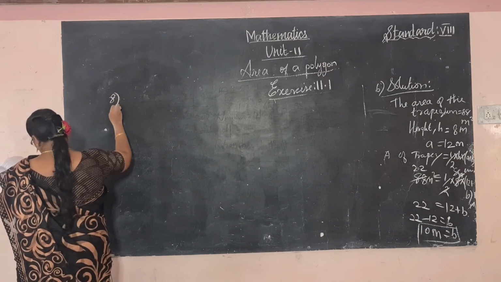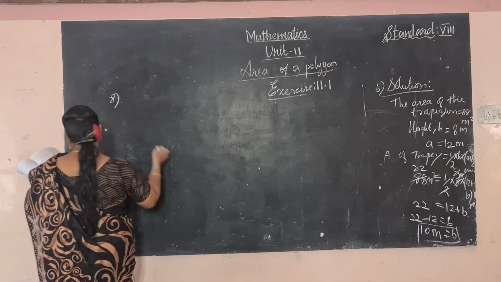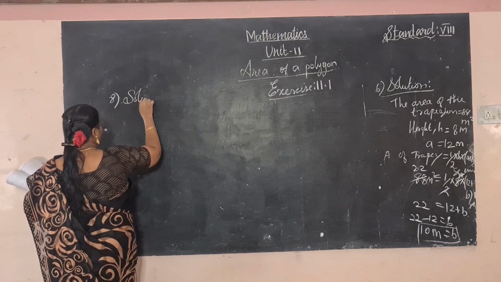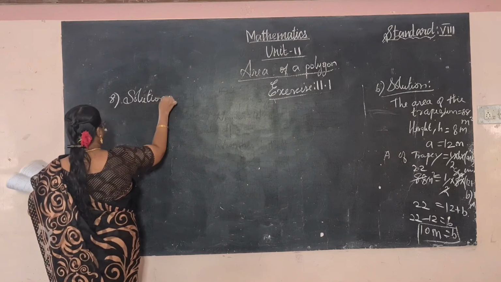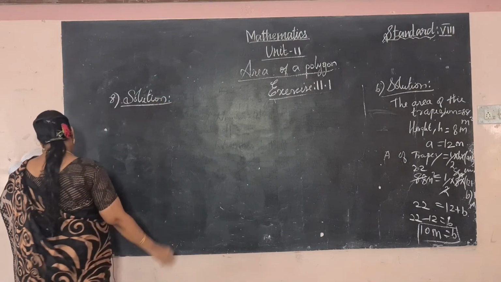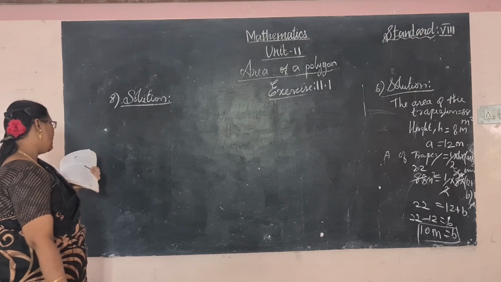Eighth problem. The parallel sides of the trapezium are in the ratio.